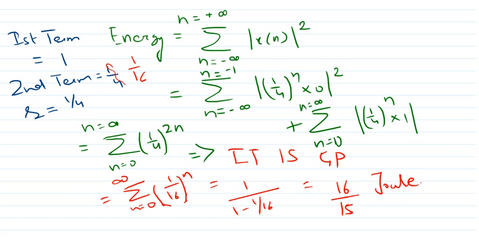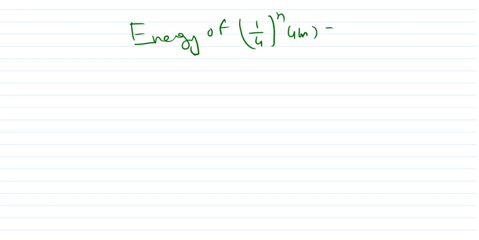All of us can easily observe that this is bounded, and this is less than infinity. So the energy of 1 by 4 raised to the power n u[n] is 16 by 15, and that is less than infinity. So it is basically bounded.